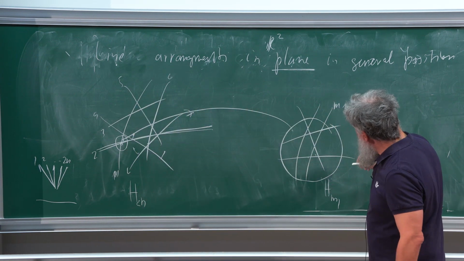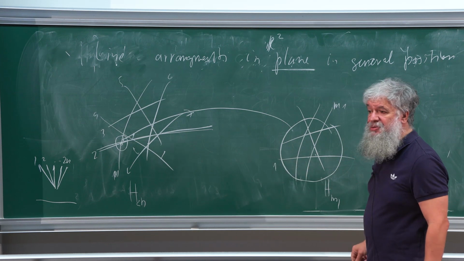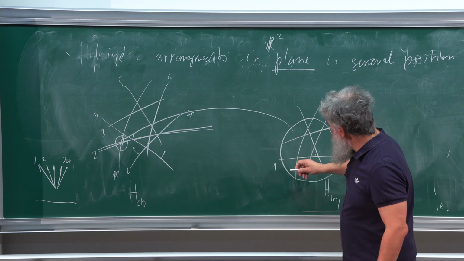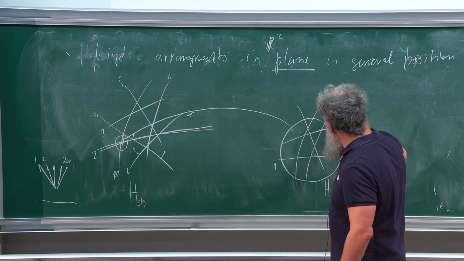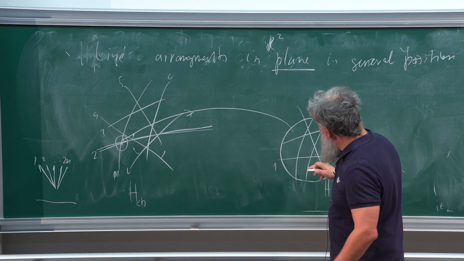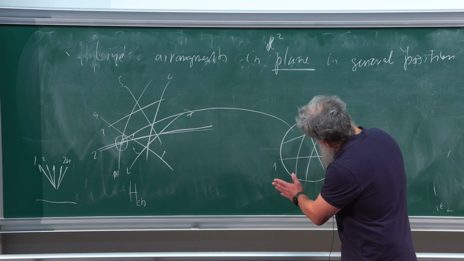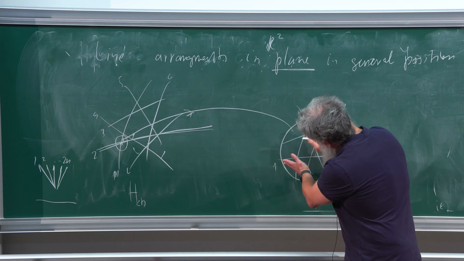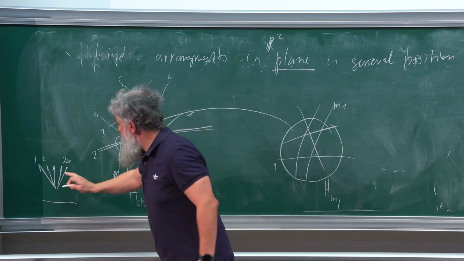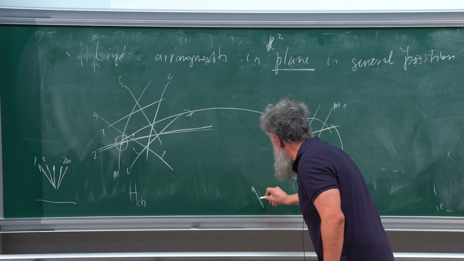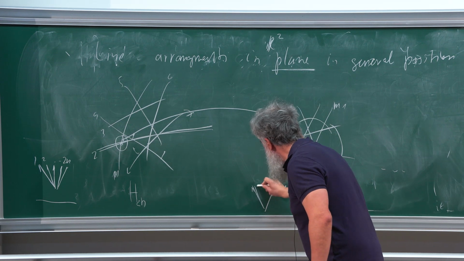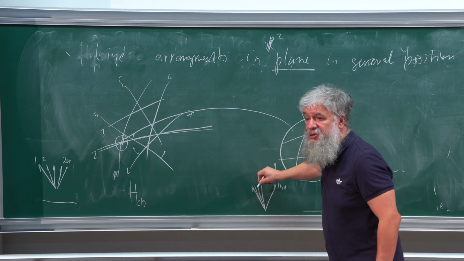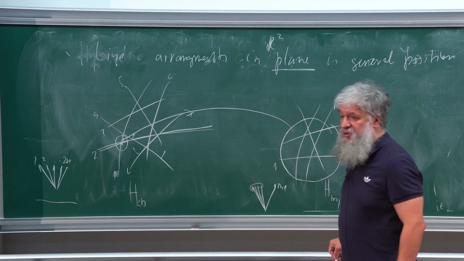Then there is 1, and I do the following. I take M1 and 1, and all the others are a vector combination. I draw them like this: M1, and all the others very, very close to this one.